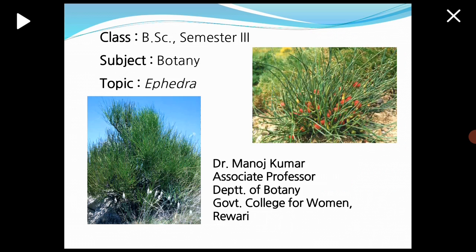The distribution and diagnostic features of some common Indian species: one is Ephedra foliata. It is a climbing species commonly occurring in the deserts of Punjab, Sindh, and Rajasthan.